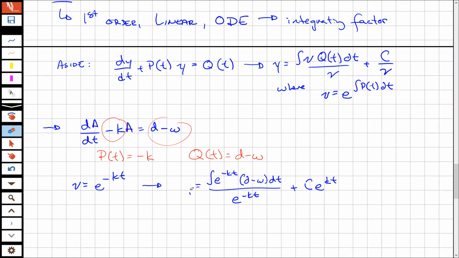And you know what? I'm going to correct myself here. This is not y anymore. This is just A in this case. Okay, and if I go through and do the integration on this one, what we'll find is that I actually just get, because the integral just comes out of these here, the negative k, again, if you take the integral, it's 1 over negative k, so I get A is equal to d minus w over negative k.